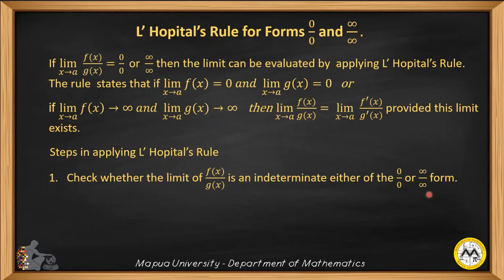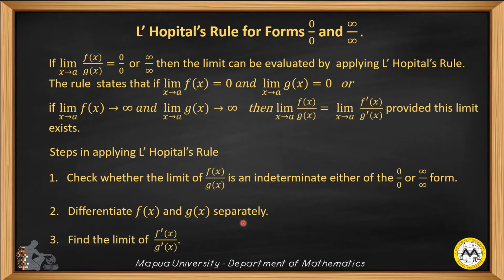If you end up with these results, then you differentiate f of x and g of x separately, and then determine the limit of f prime of x divided by g prime of x as x approaches a. If there is a limit to this ratio, then that would also be the limit of f of x divided by g of x as x approaches a.